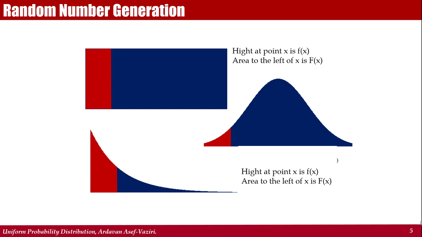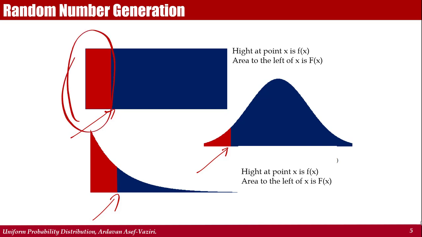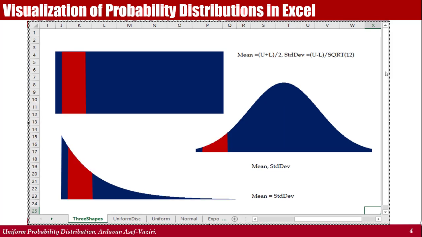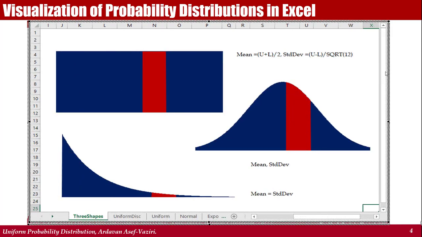The probability of a continuous random variable being less than or equal to a specific value is computed as the area to the left of that value. Graphically, we can show the area, and then later we can numerically compute that area. The probability of the random number being between 2 values is computed as the area between those 2 values, or as this area minus this area.